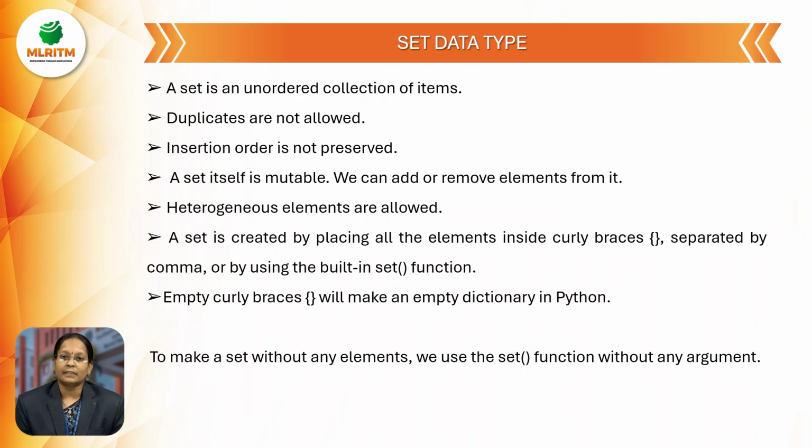If you want to create a set with no elements, the empty curly braces will not create the set. To create an empty set, we use the set function. If we write S equal to only open and close curly braces with no elements, by default Python assumes that it is a dictionary.